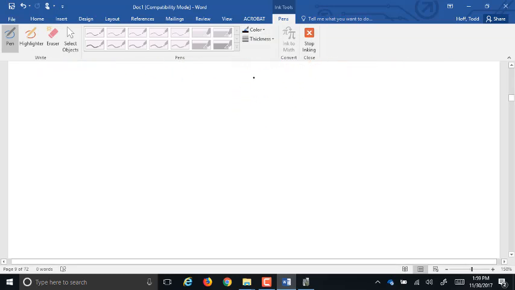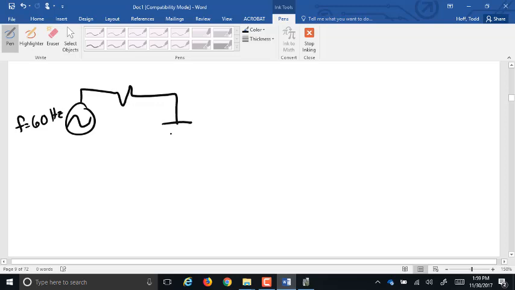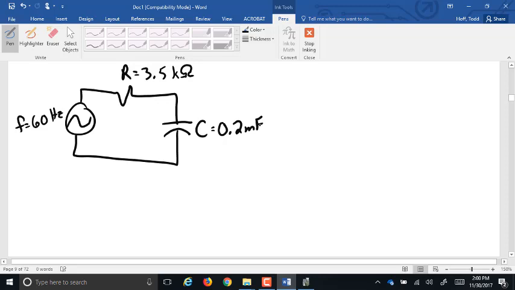So I want you guys to take this circuit, still going at 60 hertz, with a resistance of 3.5 kilo ohms and a capacitance of, oh, let's go 0.2 millifarads.